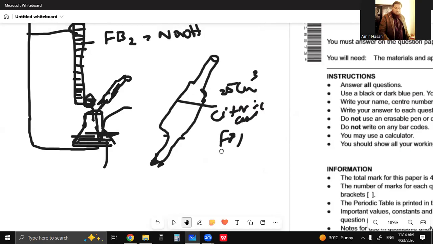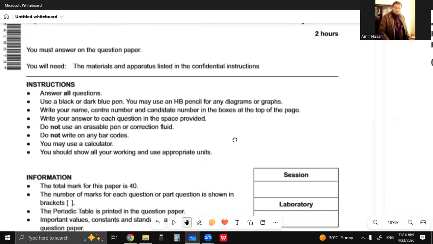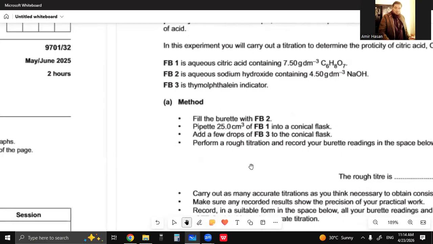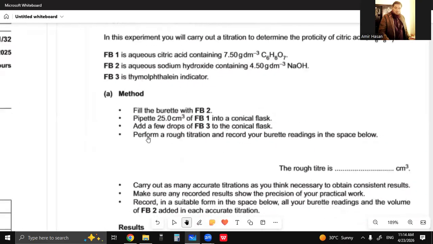phenolphthalein also poured in. Now add a few drops of the FB3, FB3 phenolphthalein, in the conical flask, and citric acid in the conical flask, and sodium hydroxide in the burette.